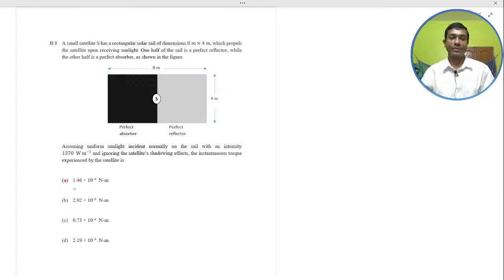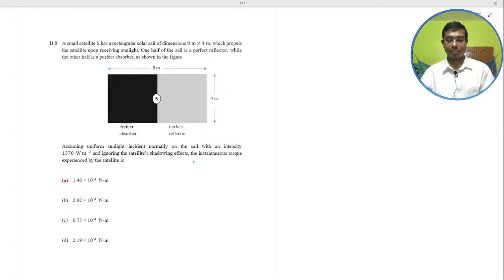Assuming uniform sunlight incident normally on the shell with an intensity 1370 watt per meter square, and ignoring the satellite's shadowing effect, the instantaneous torque experienced by the satellite is what?